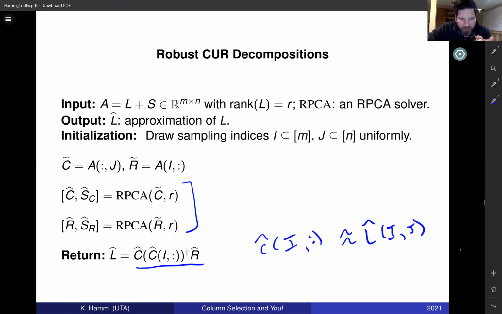I mean, everything in that input line: you need A, you need to know the hyperparameter R, you need an RPCA solver, you need a pseudo random number generator to select I and J.